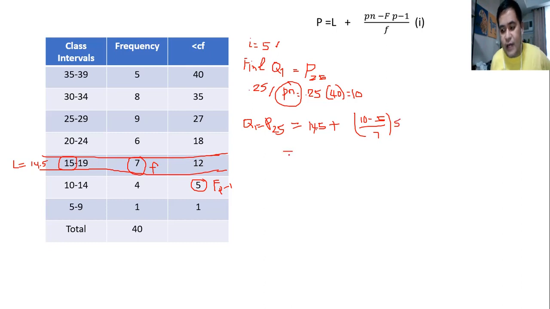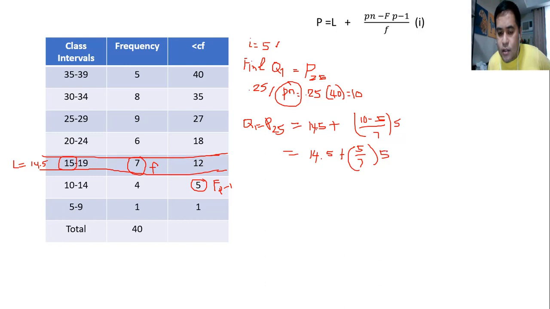So by simplifying this now, we have to simplify first the expression inside the parentheses. So we have 14.5 plus, of course, 10 minus 5 is 5 divided by 7 multiplied by 5.